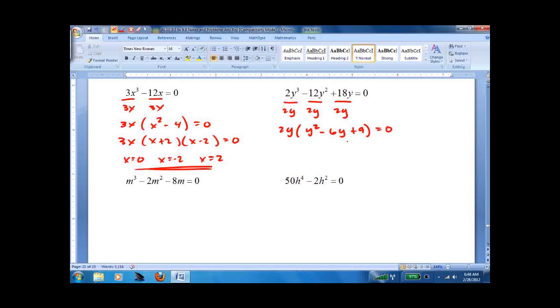Look at this, could just factor it like a trinomial, but also see the 9. It's a perfect square. Y equals 0, y equals 3, y equals 3.